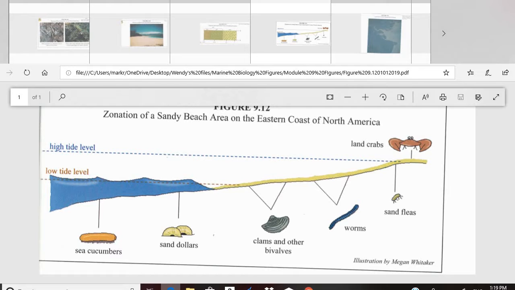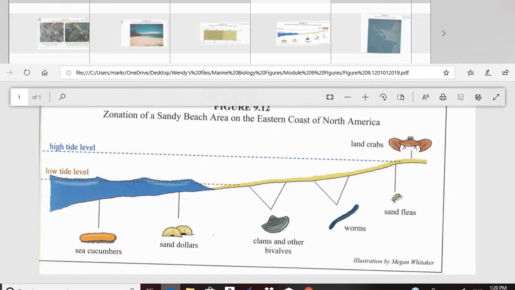The zone in which they can survive would be closer to the surface, and they would be more likely to be uncovered even during high tide situations. So you see the zonation in a sandy or muddy area in the same way that we saw with the rocky area.